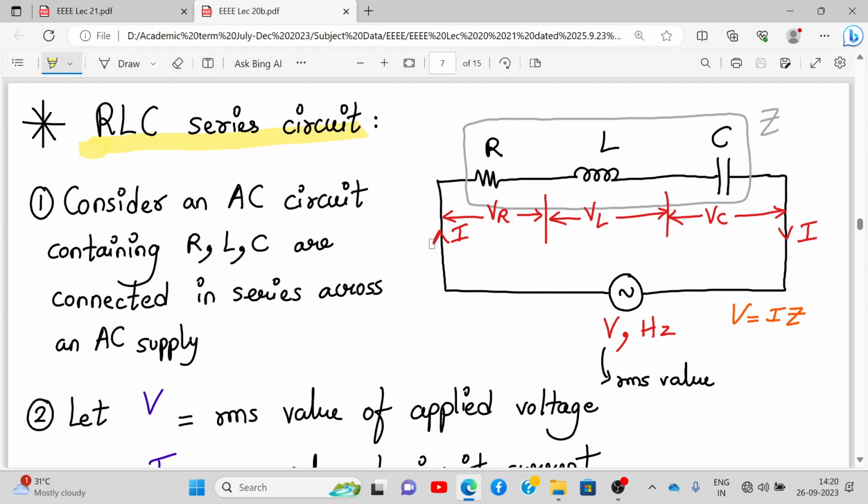If I combine R, L and C, resistance, inductive reactance and capacitive reactance, the total is Z. So what is V given by? I into Z. That is clear. Total voltage is total circuit current into total impedance of the circuit.